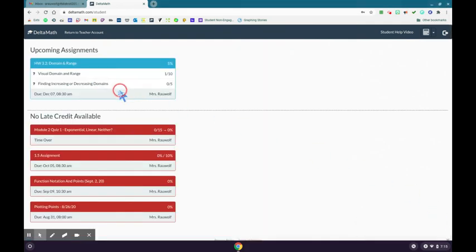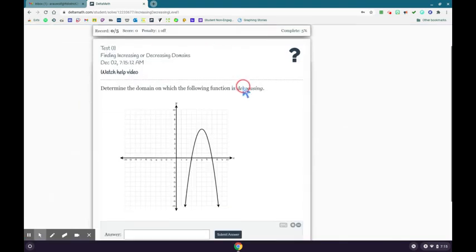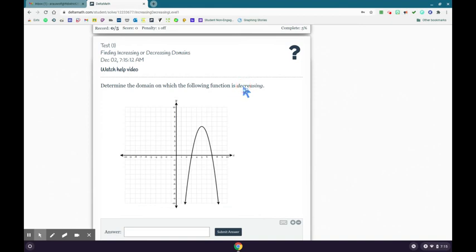Now, what you're going to see is find the increasing or decreasing domains. Now, this sounds really crazy, okay? But basically, I'm asking you to find the increasing section and the decreasing section. The word domain just means x values, and that's what we use to figure out increasing, decreasing, constant.